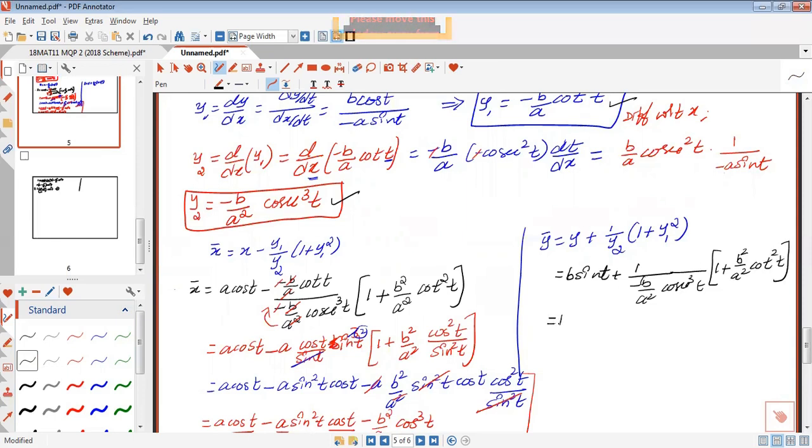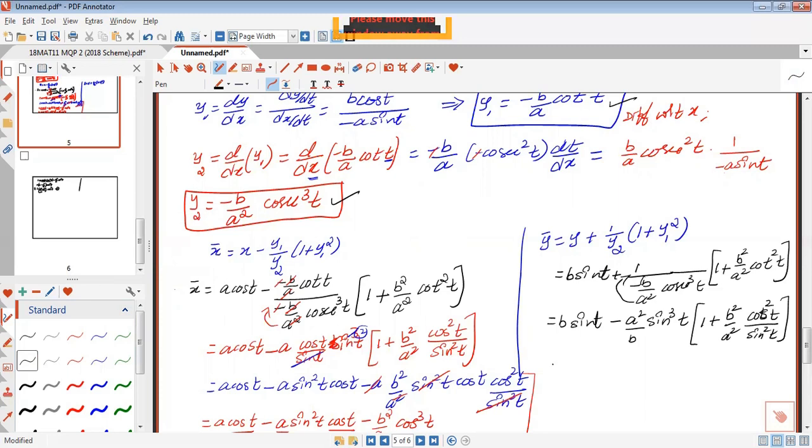That is b sin t minus numerator a square divided by b, 1 by cosecant is sin cube t, 1 plus b square by a square, cot square can be written as cos square t divided by sin square t.